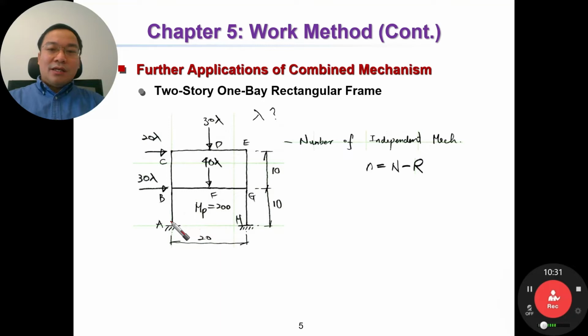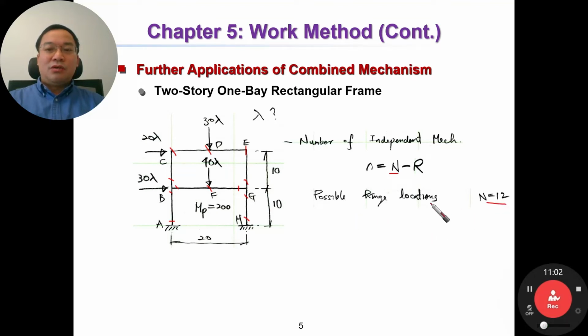The number of critical sections equals 1, 2, 3, 4, 5, 6, 7, 8, 9, 10, 11, and 12. So N here equals 12.